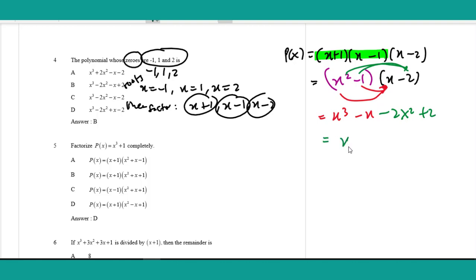Rearrange: x cubed minus 2x squared minus x plus 2. This one is no, because of the plus. This one is minus, plus. The answer is B.